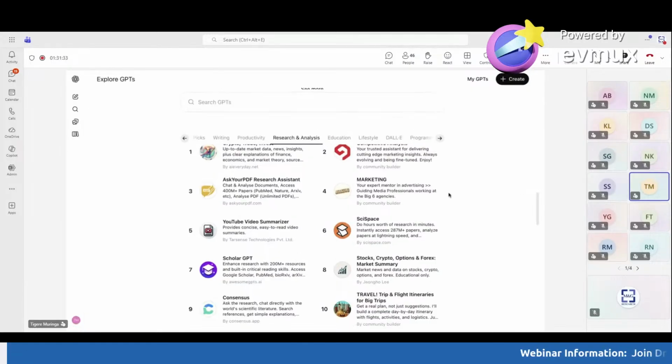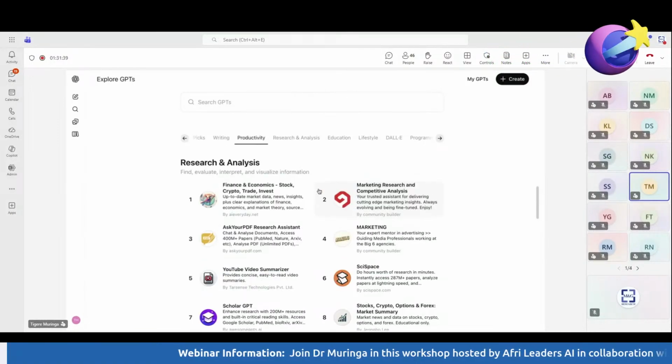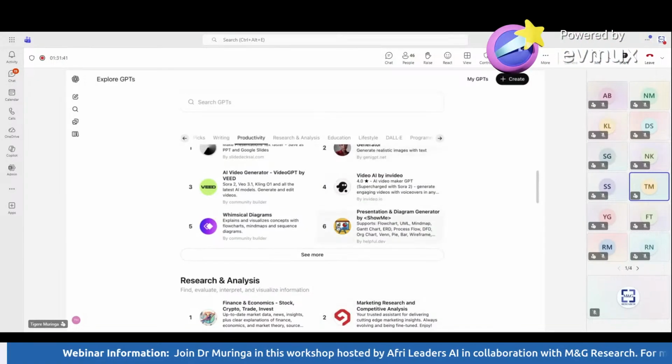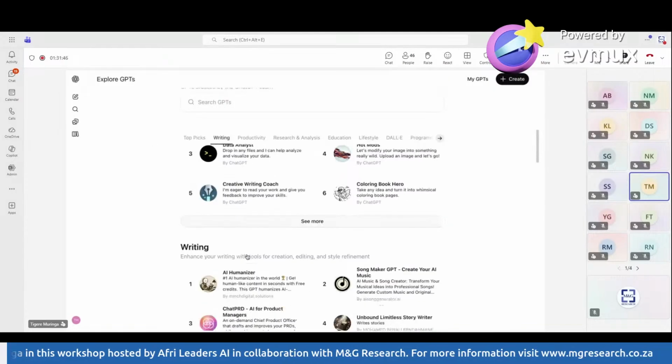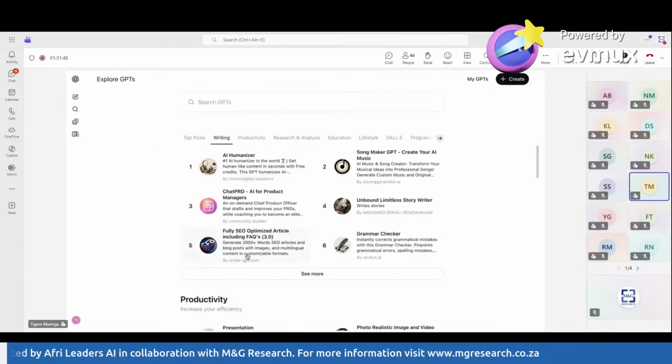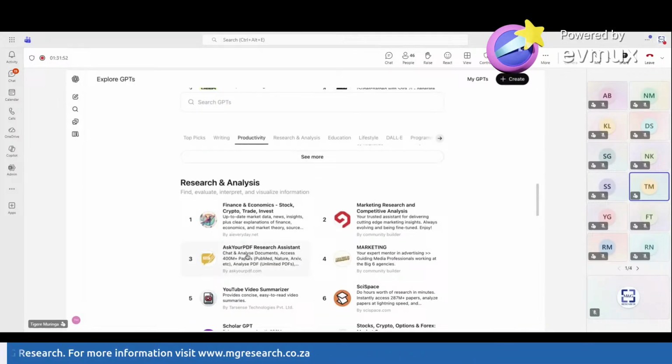So I'm on ChatGPT, right? And the beauty of ChatGPT is that it gives us different options. If you go to explore ChatGPT, depending on the version that you have, it has options for doing research and analysis, right?